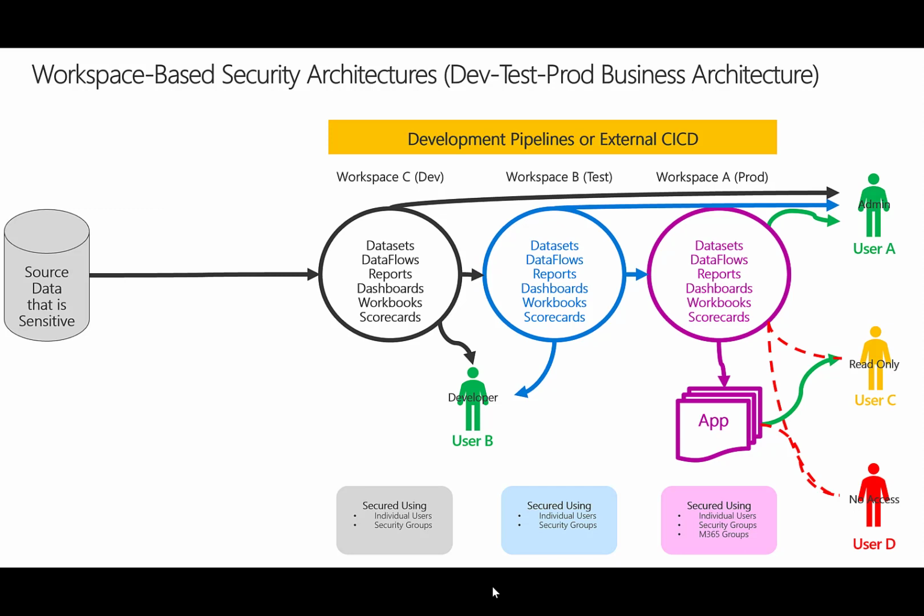So you're preventing some of the more junior users of your team from potentially pushing changes to prod that might break something. And down at the bottom, you'll also see that that prod workspace, you could secure that using individual users, security groups, or Microsoft 365 groups.